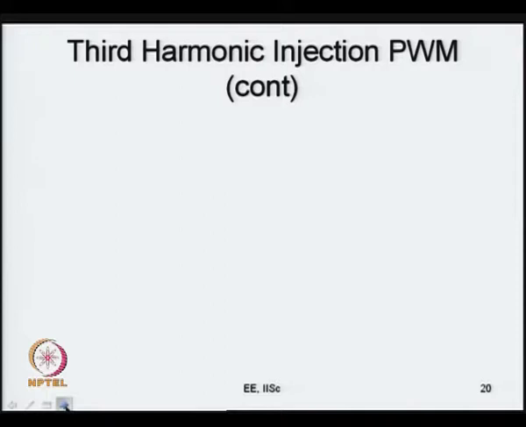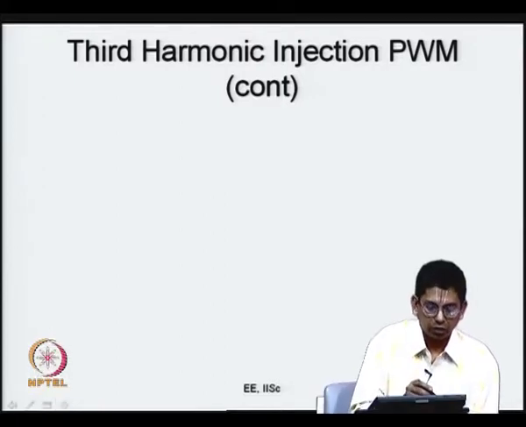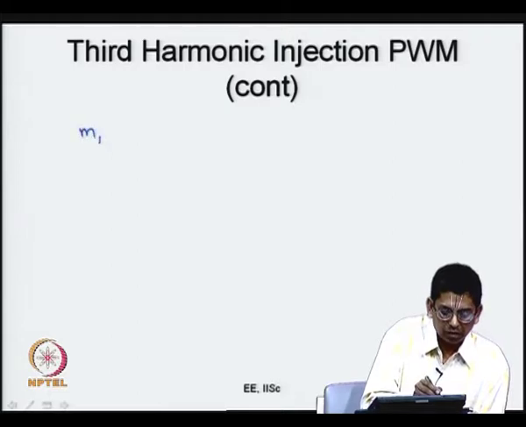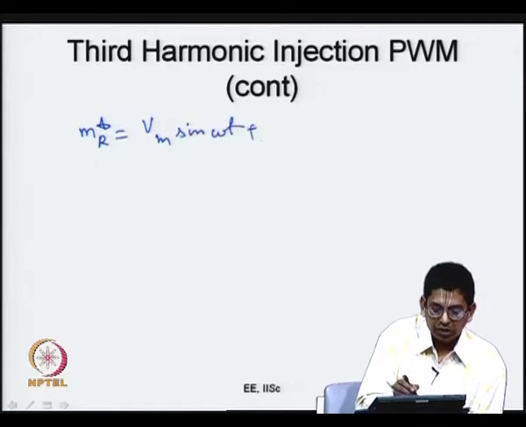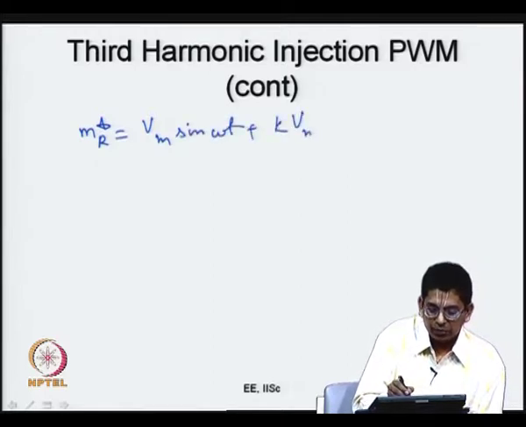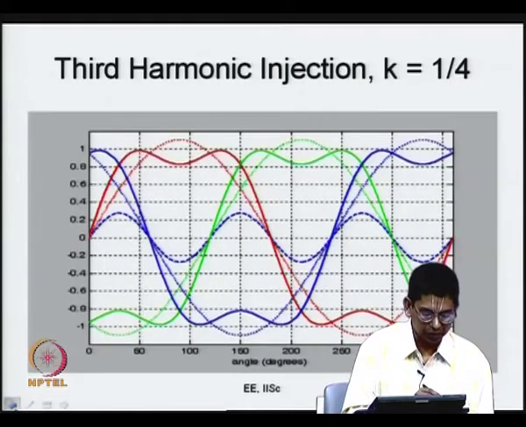So, regarding third harmonic injection, the point that I would like to make here is, now you have your MR star equal to Vm sin omega t plus k times Vm sin 3 omega t. So, what this k can be is another issue now. As I told you, the waveform peak occurs at different places.